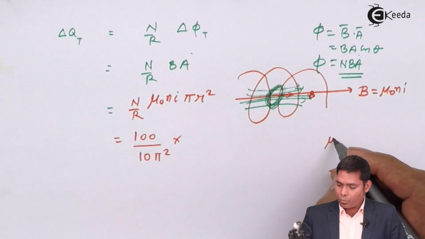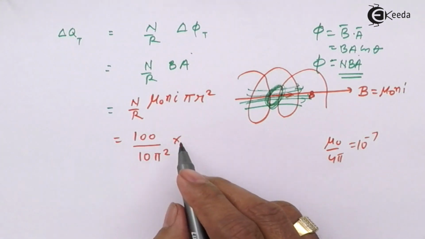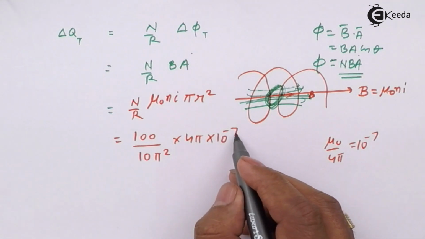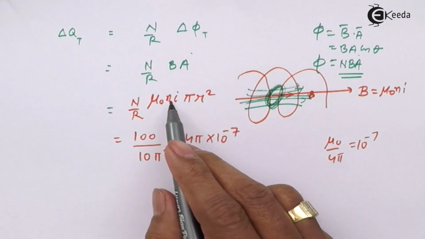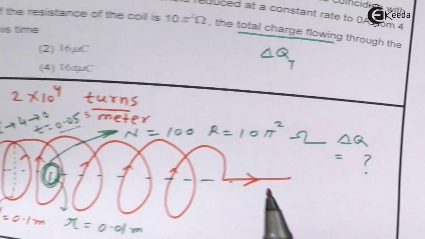Mu naught upon 4 pi, we know, is 10 to the power minus 7. So if I put that, then this is 4 pi 10 to the power minus 7. N is the number of turns per length, which was 2 10 to the 4.